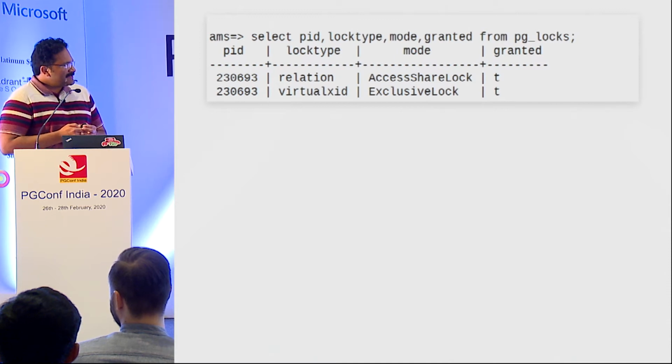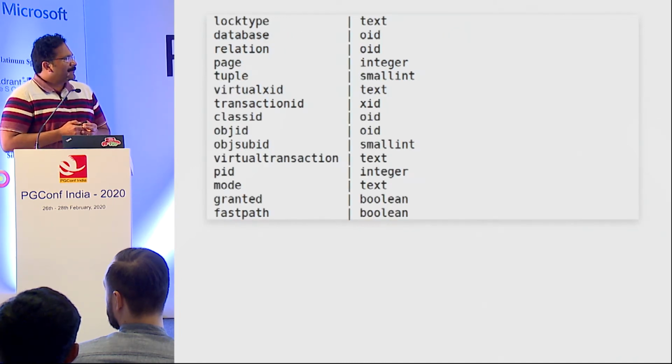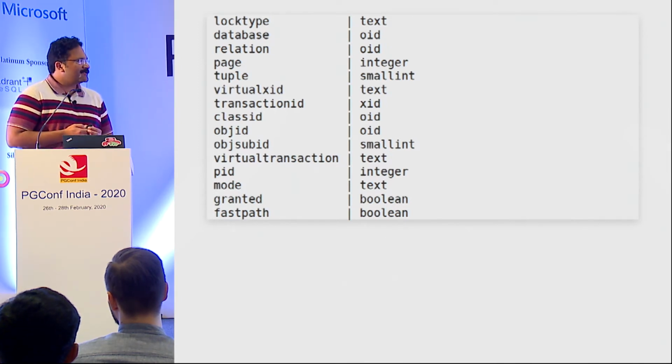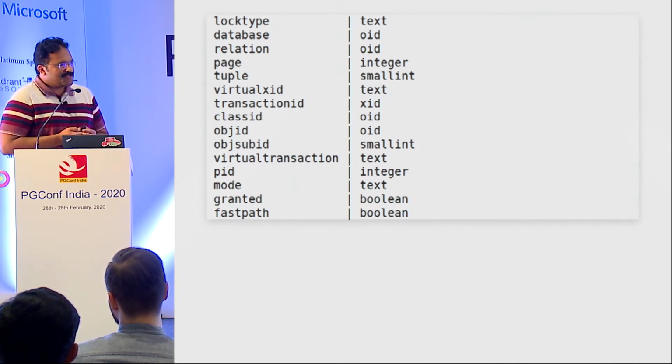And to understand what these are, we actually have to look at more columns from pg_locks. This is everything in the pg_locks table. This is documented in the Postgres documentation. If you look up pg_locks, there's a detailed explanation of each of these fields.